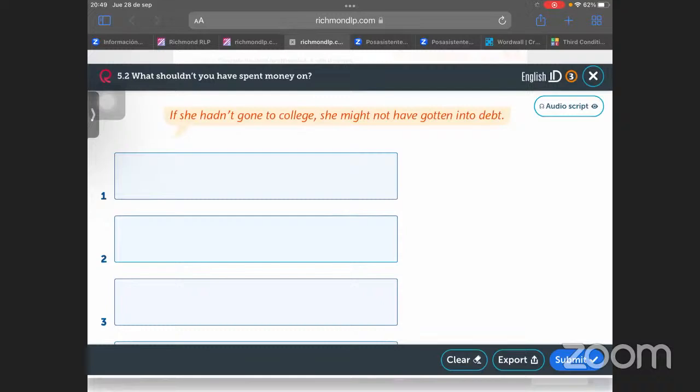Or if I hadn't overslept, I would have been on time. Yes? So think about 3 examples using the third conditional sentences. Please work on it and then you share your answers with me, please. Okay? Go ahead. If you have any question, please let me know.